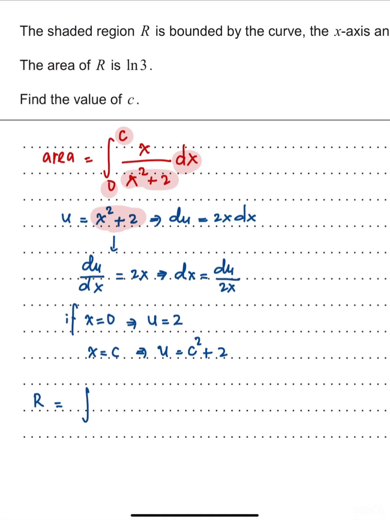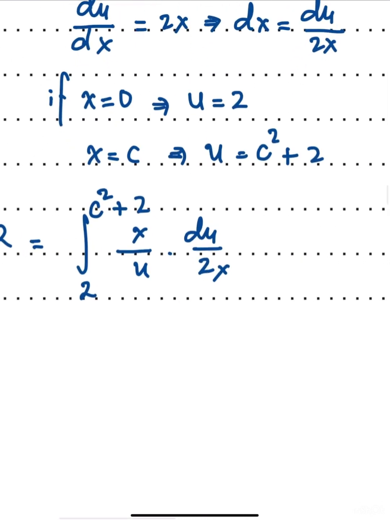So we can consider the integral r equal to the integral from 2 to c squared plus 2 of x over u times du over 2x. In this case, we can simplify the x here and the x here.